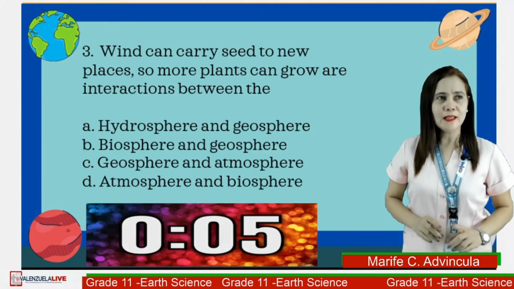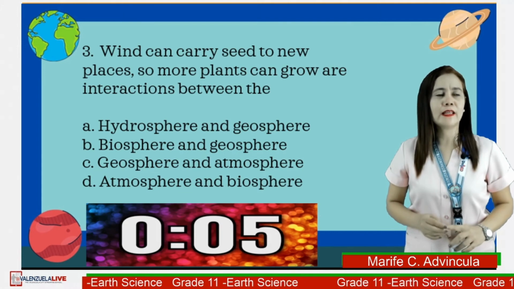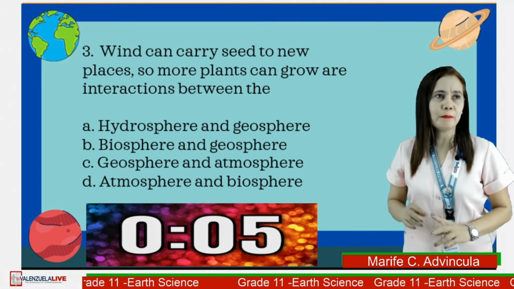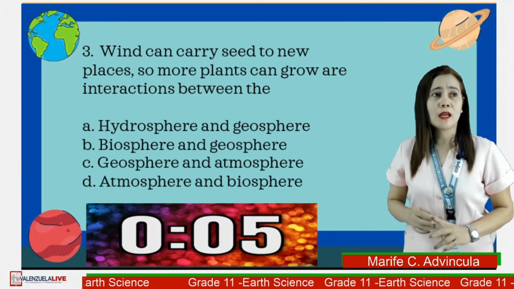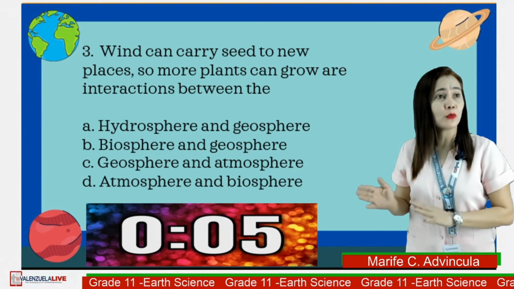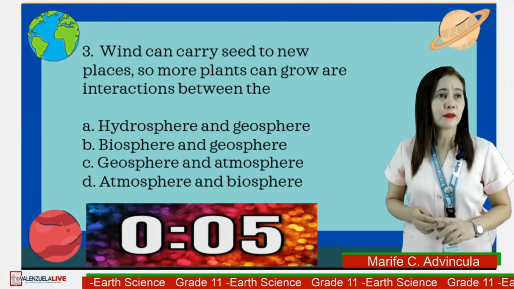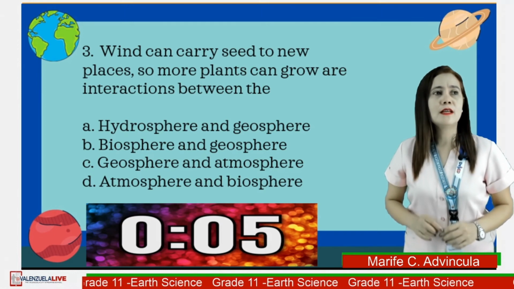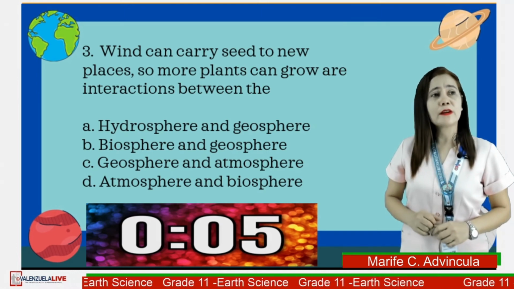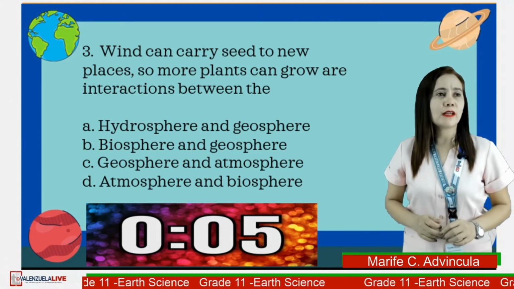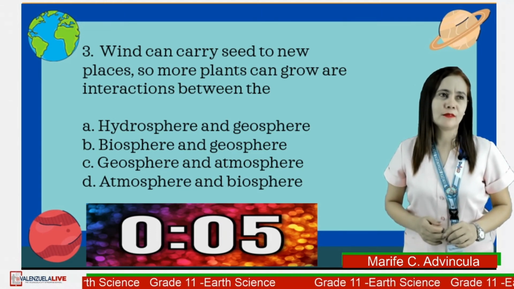For number 3, wind can carry seeds to a new place so more plants can grow. These interactions are between A, hydrosphere and geosphere, B, biosphere and geosphere, C, geosphere and atmosphere, and letter D, atmosphere and biosphere.